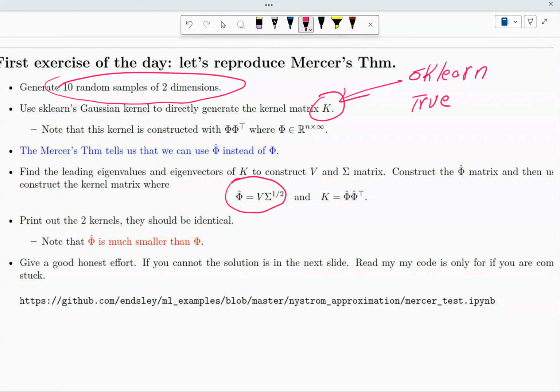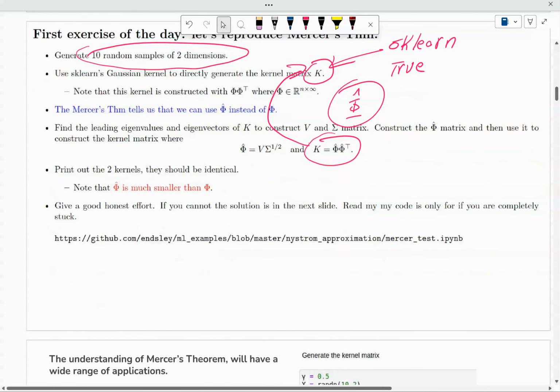And over here, this is how you can approximate it through Mercer's theorem, the phi hat matrix. Once you approximate this, using however many eigenvectors you want to use, you can calculate the kernel matrix. This kernel matrix and the true kernel matrix should be very close to each other. That's the first exercise.